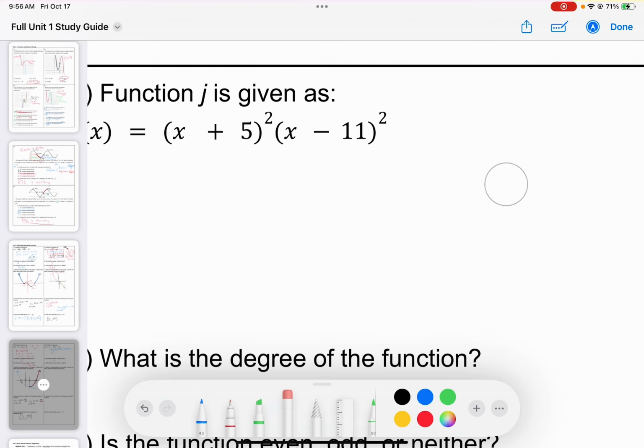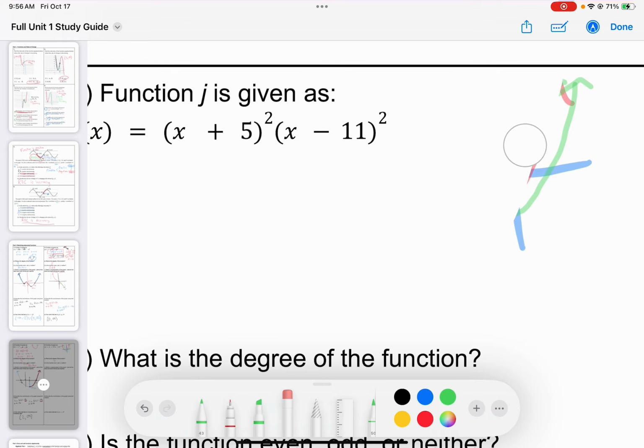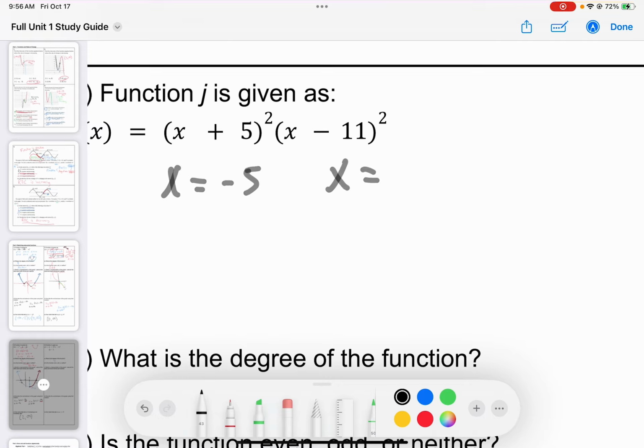All right, let's give a better explanation. I'm going to draw it, and then I'll show you why it wouldn't be even. An even function looks the same on both sides of the axes. So if I have a quadratic function like this, it doesn't look the same on both sides. If I have one that's perfectly symmetrical over the y-axis, that would be even. This one, if we find our zeros, our zeros are at -5 and positive 11.